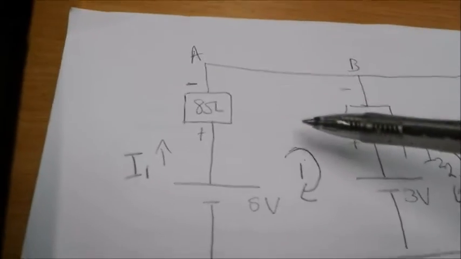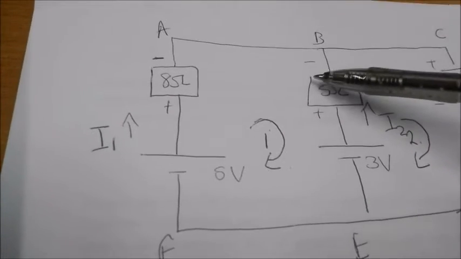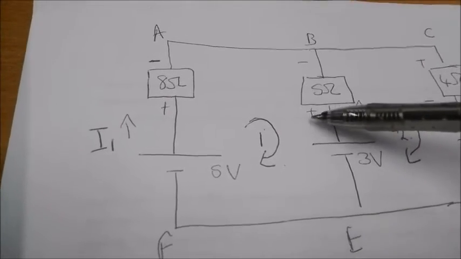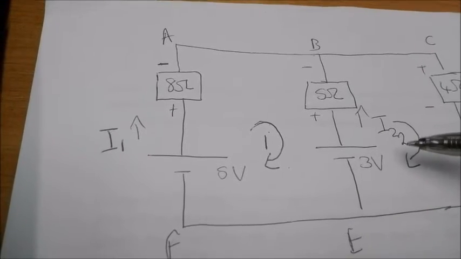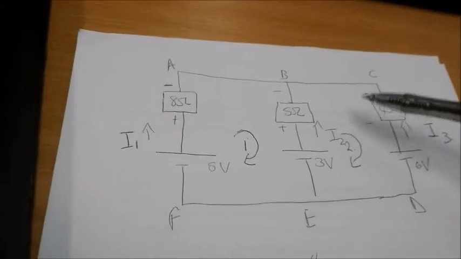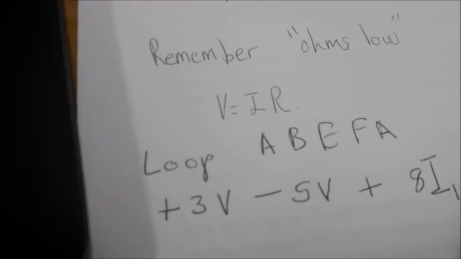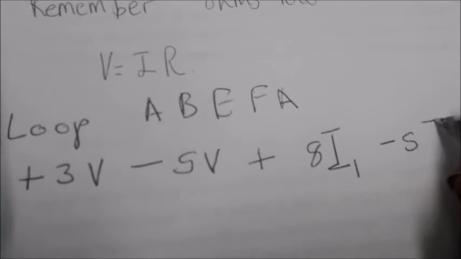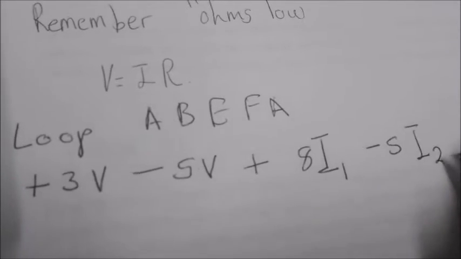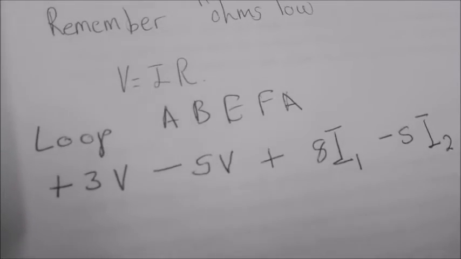Again, we come back to our diagram. We're entering the negative, exiting to the positive, but the current is I2. So now we say minus 5 ohms times I2. And this will be equated to 0.